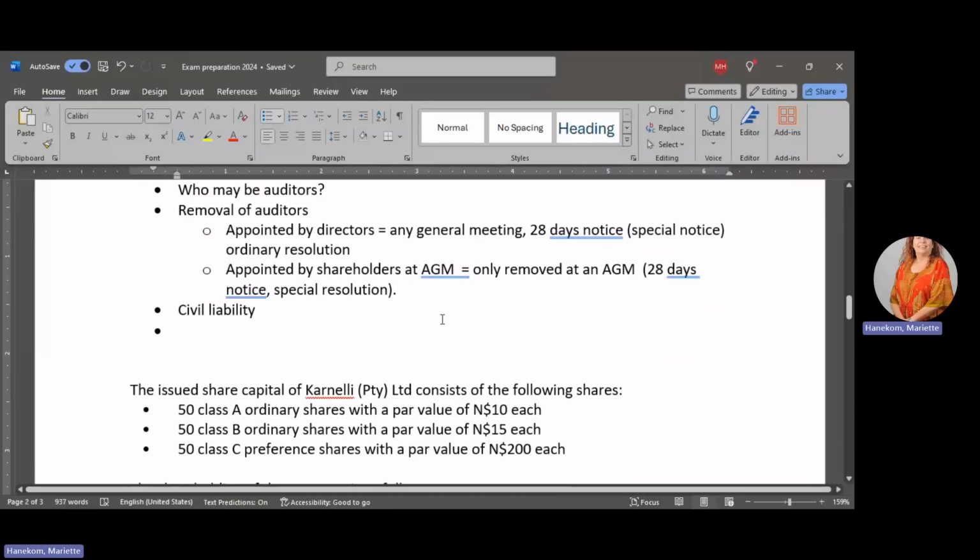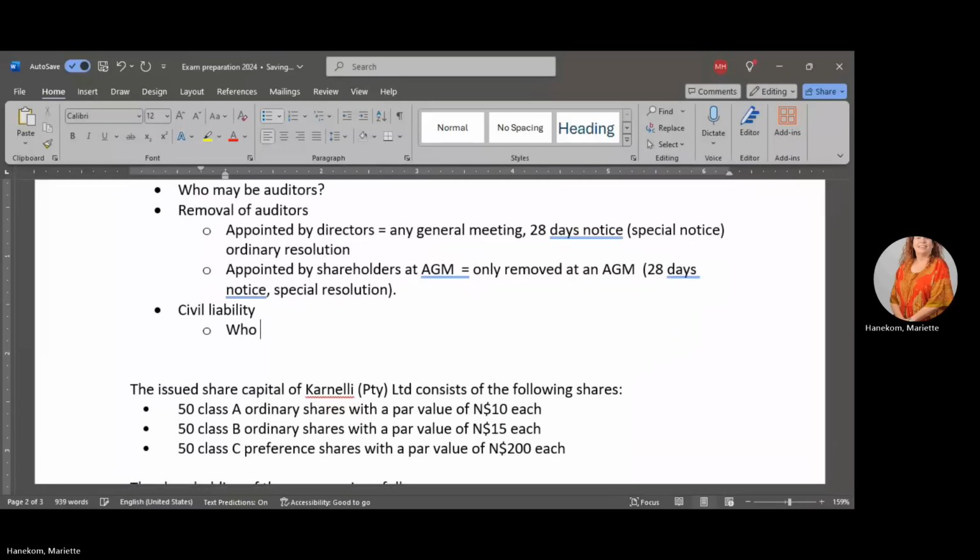Once again, you need to decide who wants to hold the auditors liable.